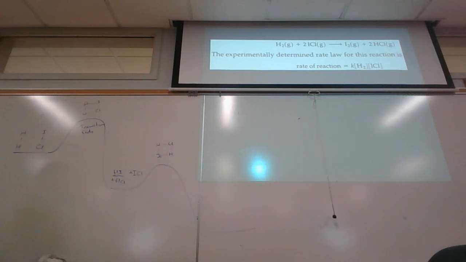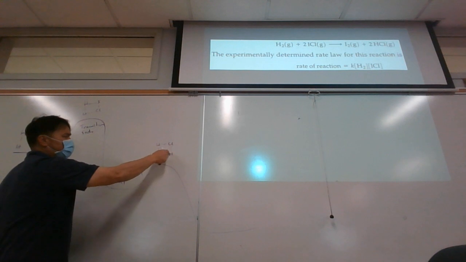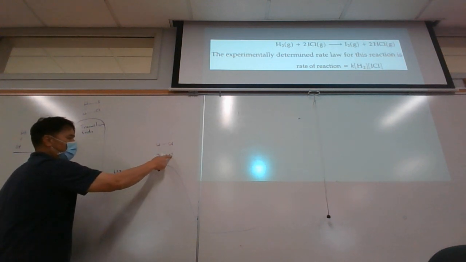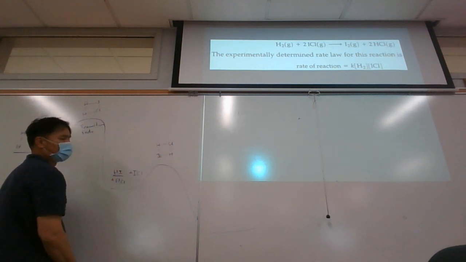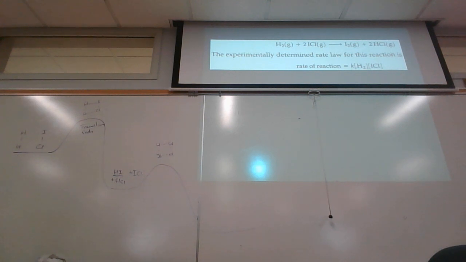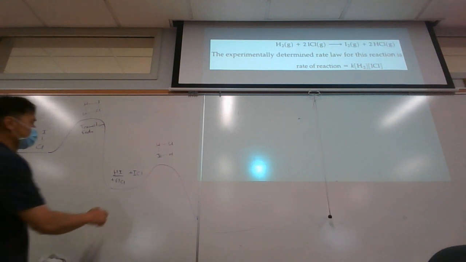What do you think I can form? Well, HI and HCl can form an HCl and an HI. Well, it's the same thing. So we've got to think of what else it might form.